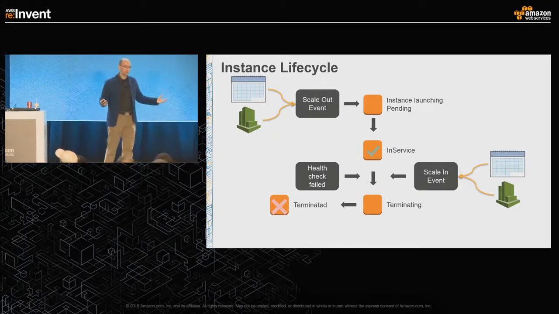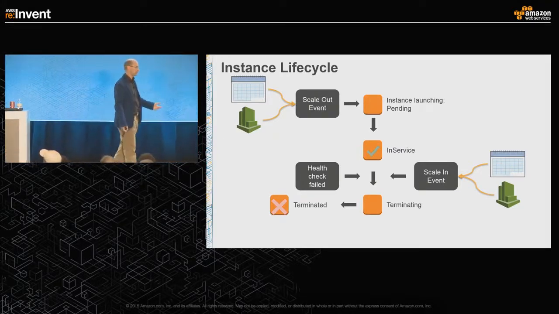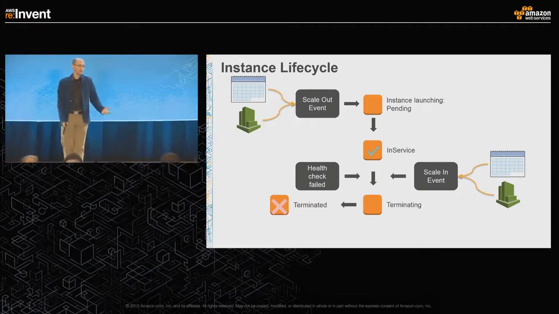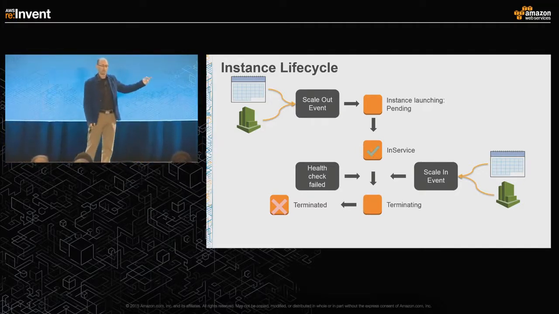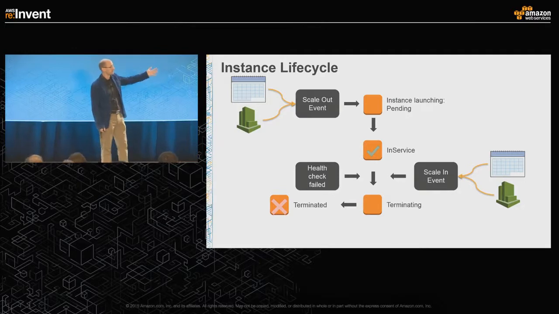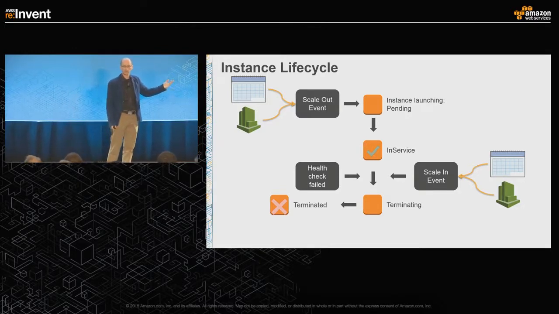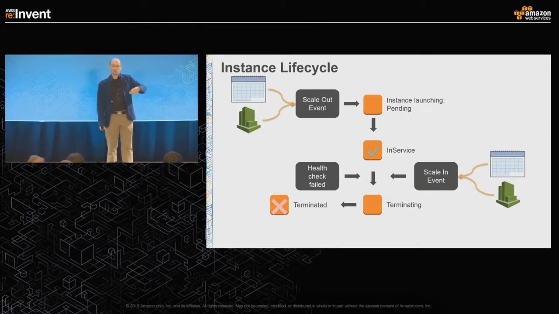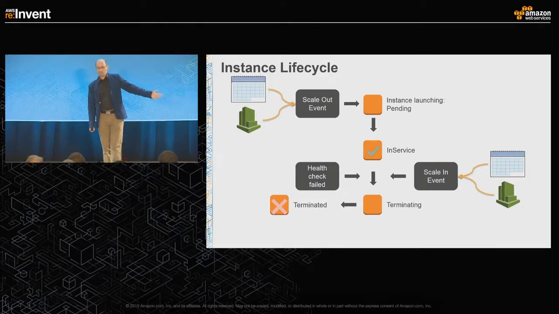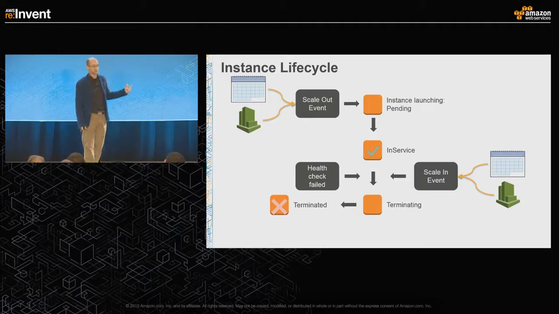So basically you have a group that's humming along. You have instances inside that group that are running. Then some kind of scale out event occurs, whether that's triggered by CloudWatch or by a schedule. It means that the autoscaling group will be told, okay, you need to launch additional capacity. When that happens, it creates a new instance that's in pending state.